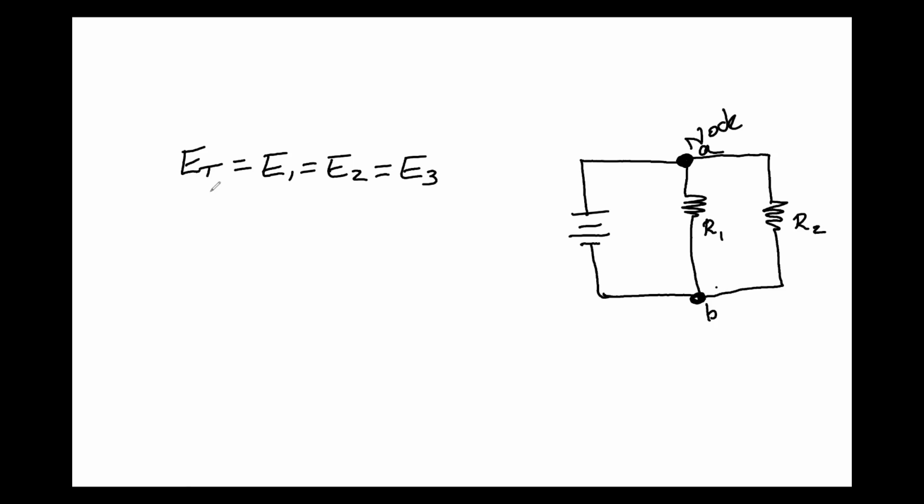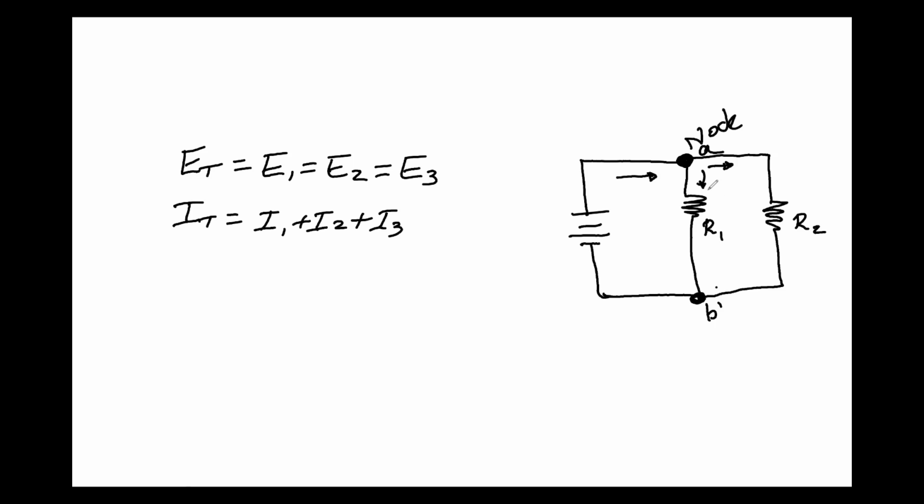Okay, so the other rule that we have is that the actual current is going to add up. And then we get to something called Kirchhoff's current law. Kirchhoff's current law dictates that the algebraic sum of all the current that enters and leaves a node will always be equal to 0.